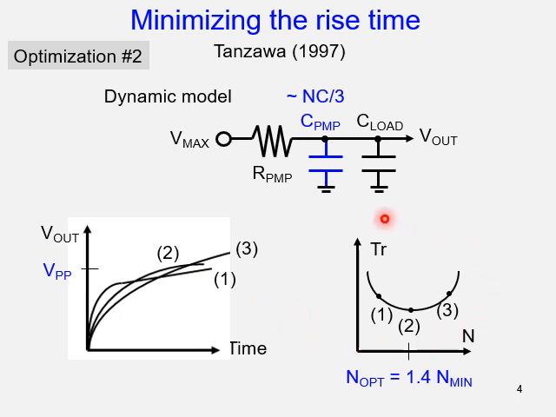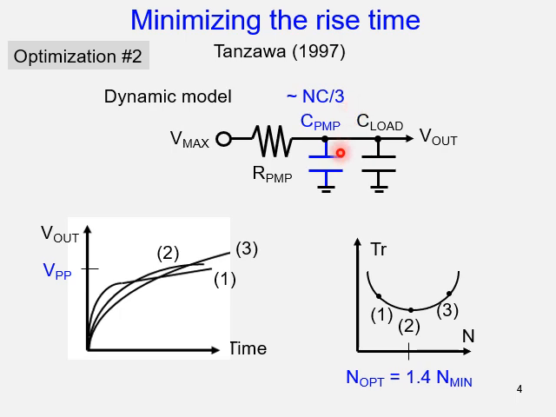This fact is based on the dynamic model as I presented in the previous presentation. So, the steady state Thevenin equivalent circuit model plus an equivalent capacitance term, which is given by this term.